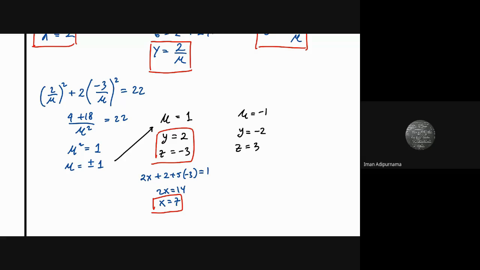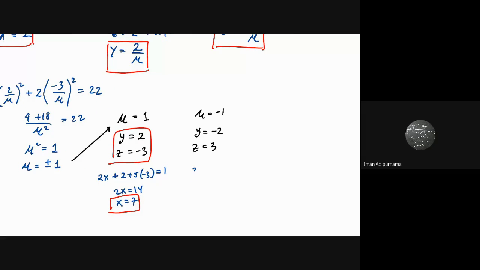So that's the first possibility. And the second one is 2x negative 2 plus 5, and 2x is negative 12 and x is negative 6. So we have these two values, or two coordinates, in terms of the function.